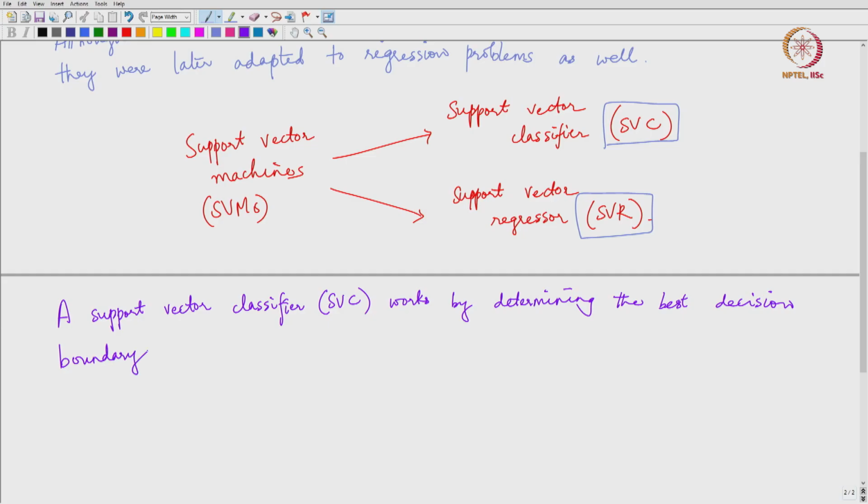And like we discussed, this decision boundary which separates the points belonging to two different classes is a hyperplane in SVM. So, the SVC works by determining the best decision boundary, which is a hyperplane, between two classes to achieve binary classification.